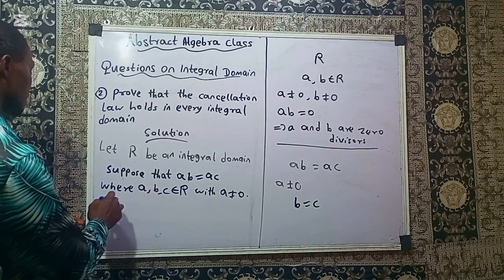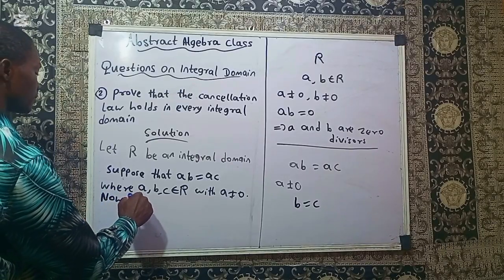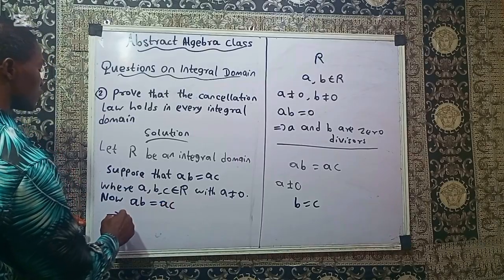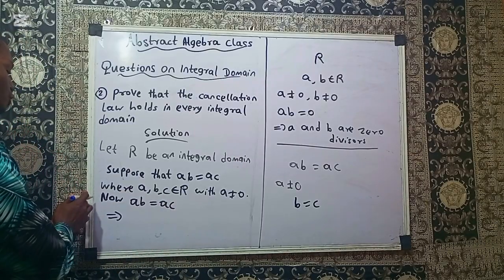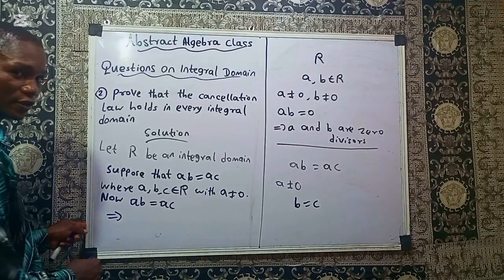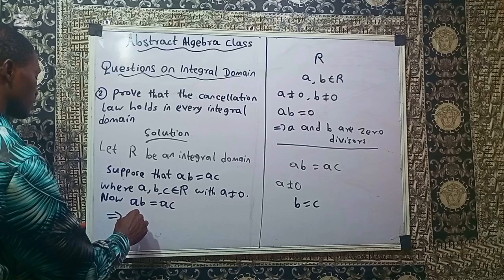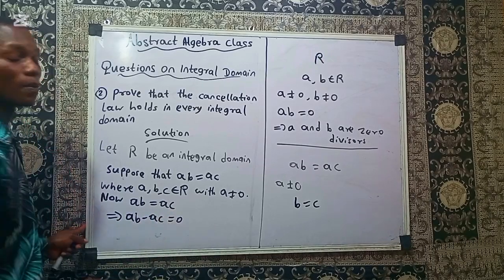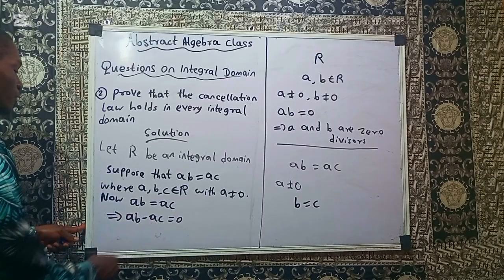Now, a times b being equal to a times c implies, we can move ac to the left-hand side, and it changes to minus, so we have 0 on the right. So we can say ab minus ac is equal to 0. Since a is common, we can factorize it.